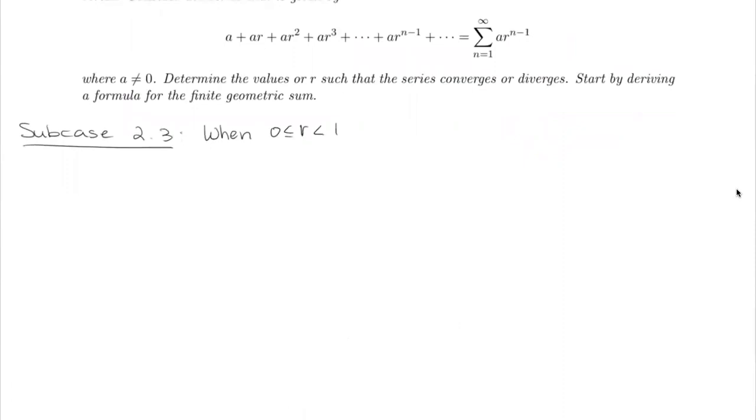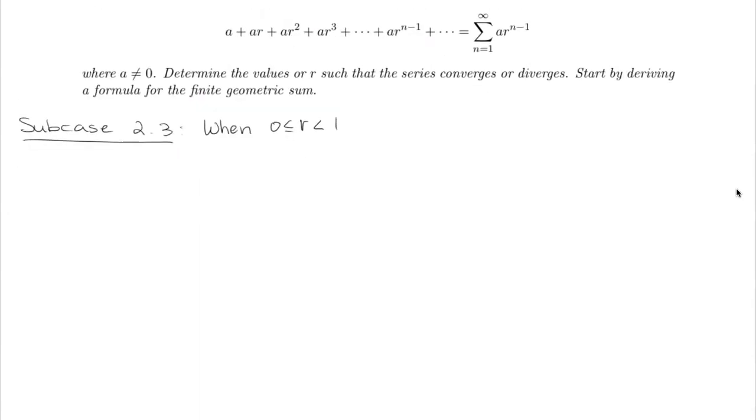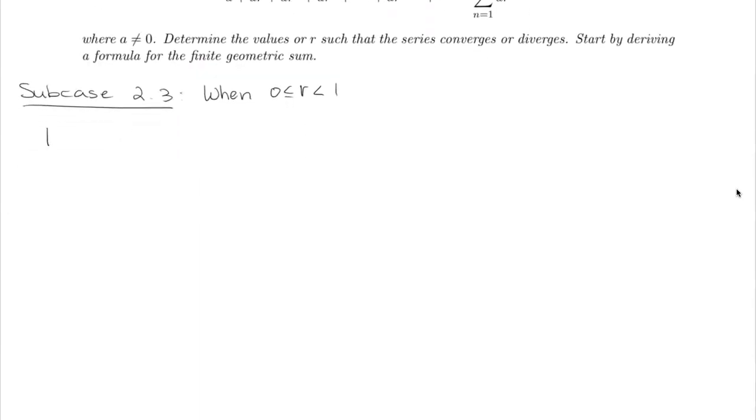less than 1. Now, because of this, when we take the limit of Sn, the limit as n approaches infinity of a times 1 minus r to the n divided by 1 minus r, because r is small, we're going to have an exponential function that looks like this.